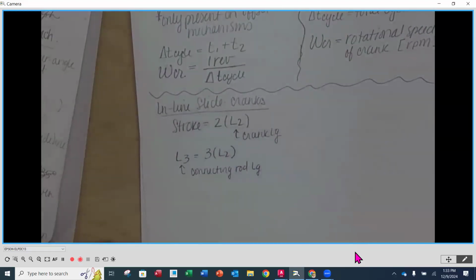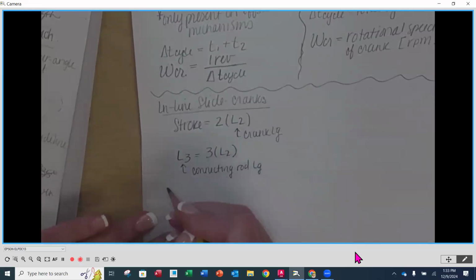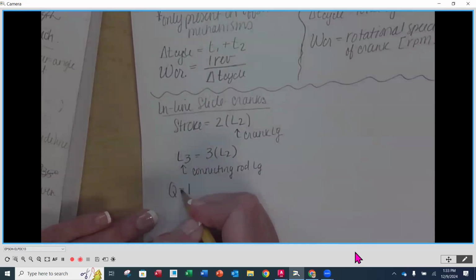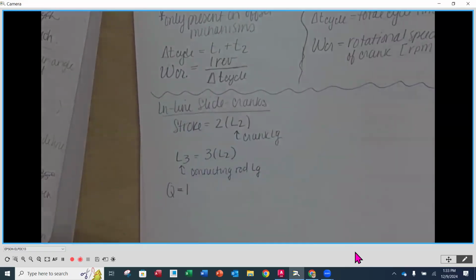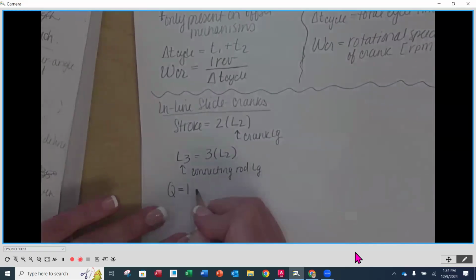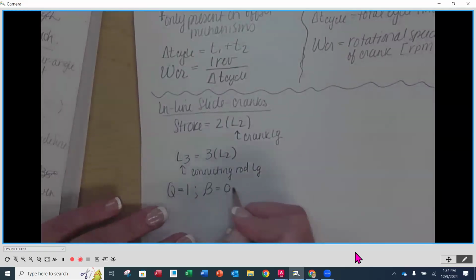Now, when we have an inline slider crank mechanism, our Q is going to equal 1, because remember, when we have symmetrical motion, we're going to have the same time to go out as it would be to come in. So our Q is going to equal 1, and our beta is going to be equal to 0.